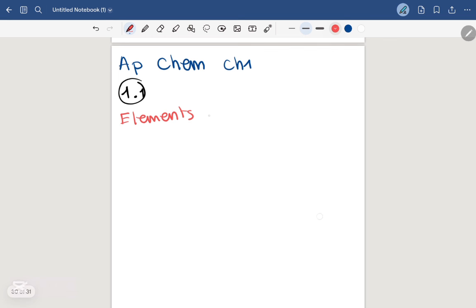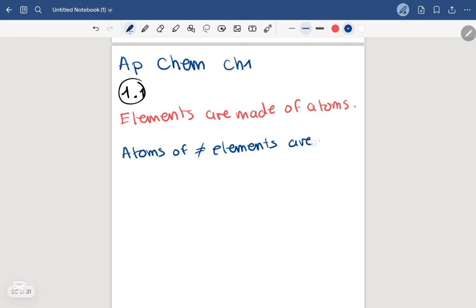So all elements are made of what? Are made of atoms. Perfect. All elements are made of atoms. We know that atoms of different elements are different. So if they are from differing elements, then the atoms are different.